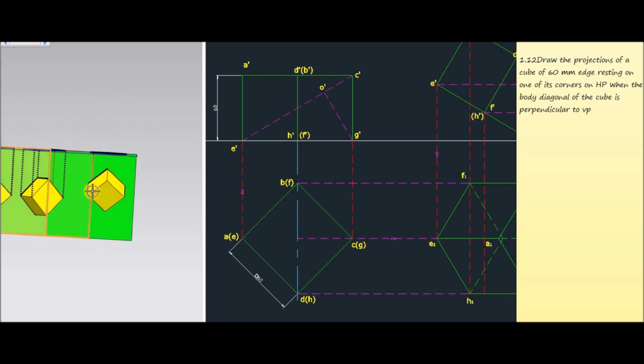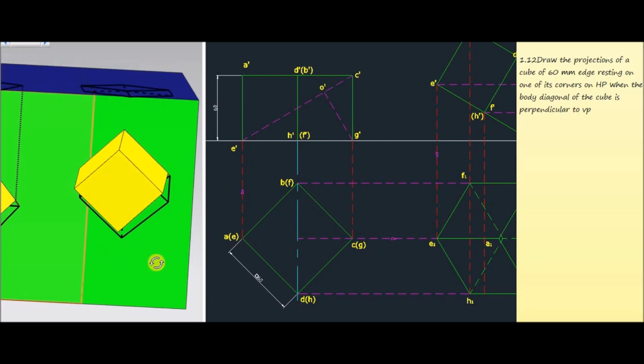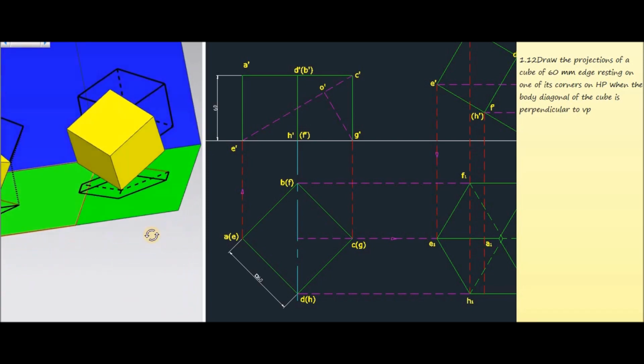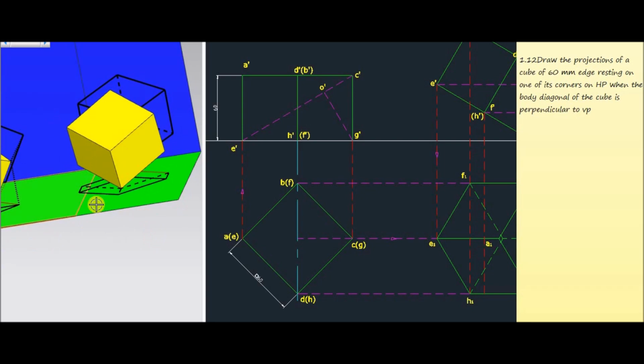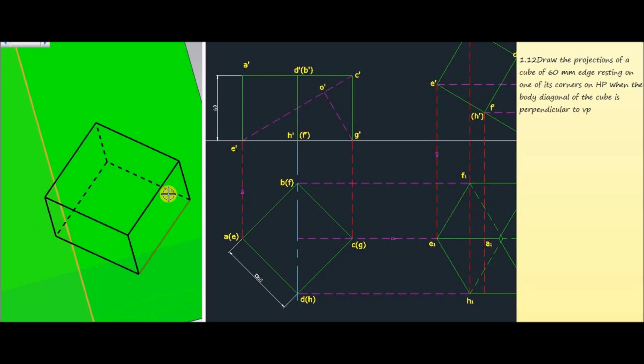This one will be the top view. Again project the top and bottom corners to the horizontal plane, then join all those corners. Here also the outer edges will be visible, so they can be represented in thick lines, and the back side edges will not be visible, and therefore these lines can be represented in dotted lines.